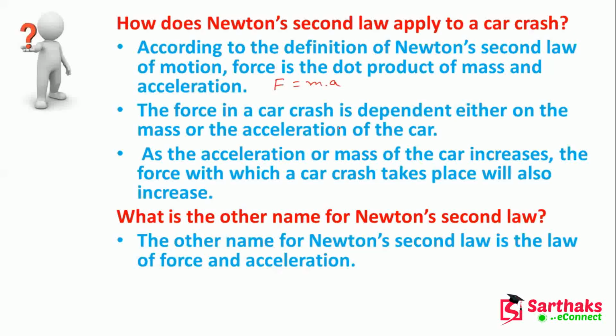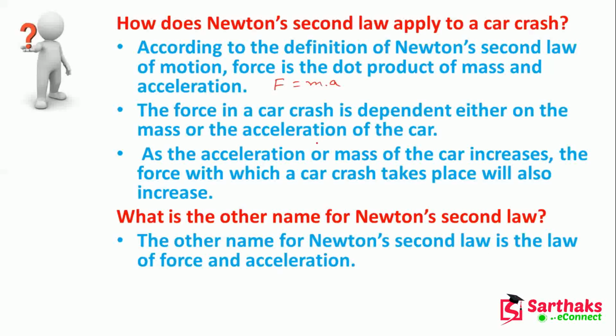As the acceleration or mass of the car increases, the force with which a car crash takes place will also increase. Generally in a car crash, the acceleration is very high. At that time the force is also very high, because the acceleration is very high, right?